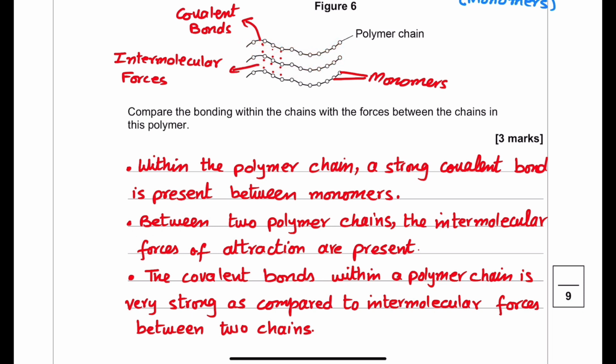Between the chains, we can see that the intermolecular forces are present, which are shown with the red dotted lines. The covalent bonds within the polymers are very strong as compared to the intermolecular forces. So these bonds are very strong as compared to these intermolecular forces.